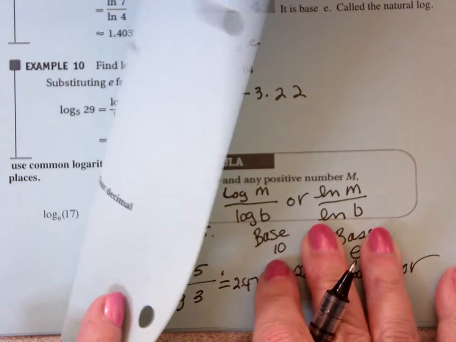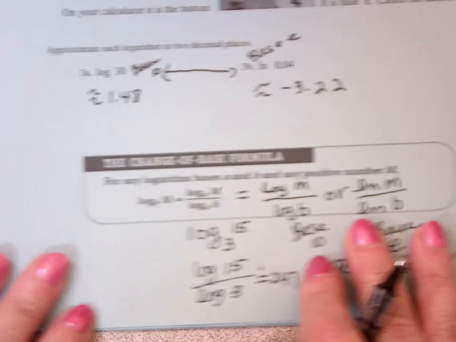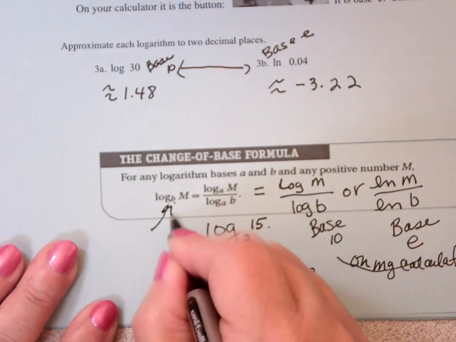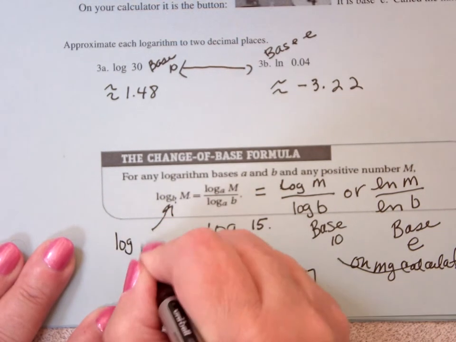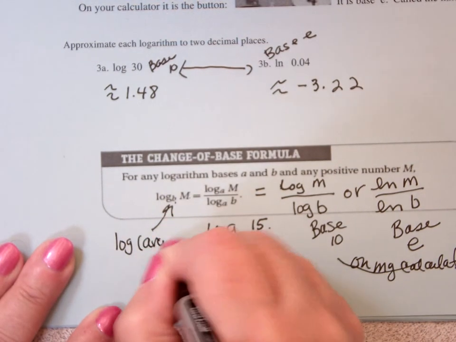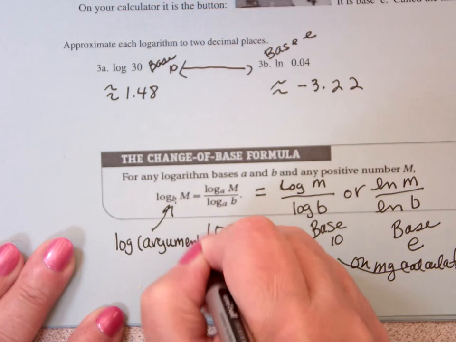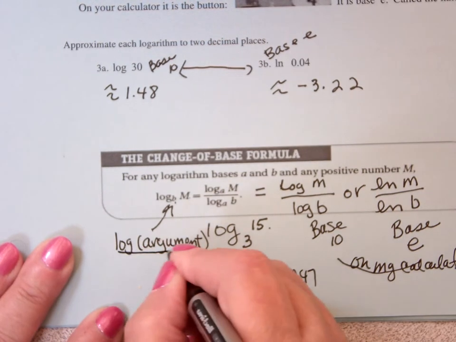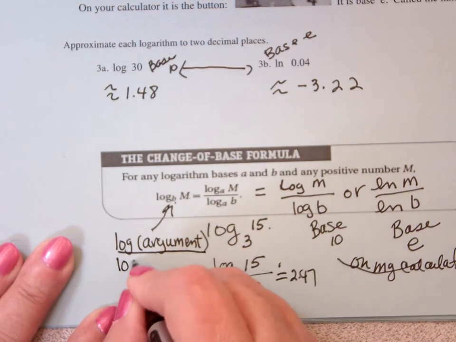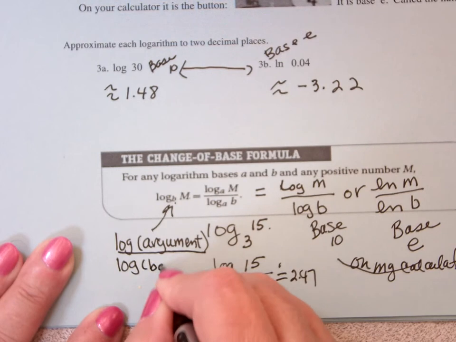I like to look at it as this: it's the log of the argument, and remember, the argument is what you're taking the logarithm of, divided by the log of the base.